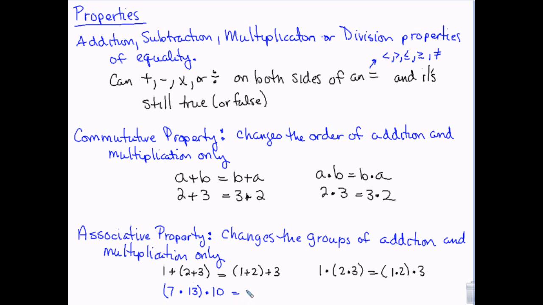So I would change that to 7 times 13 times 10. Again, it's a kind of rearranging thing that you can use in your proof. You can rearrange your groups because that might allow you to isolate something that you need to get to where you're trying to go, what you're trying to prove.